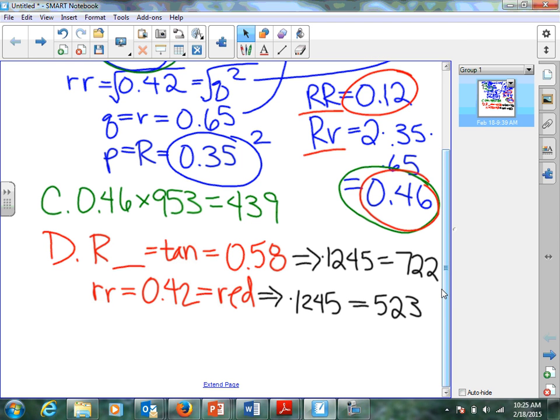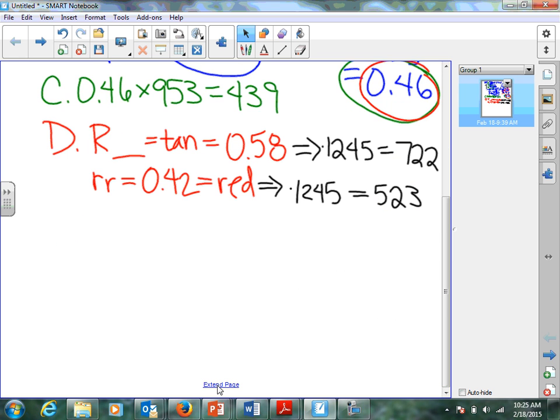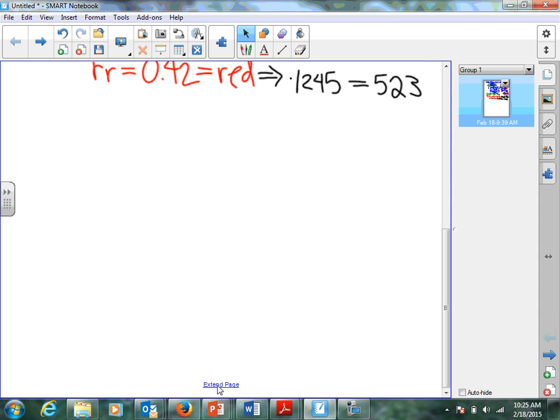So make sure you're actually trying these calculations as we go through and making sure it all makes sense to you. All right, now if we extend the page and we go to number 6.